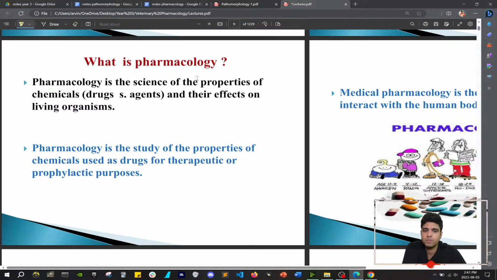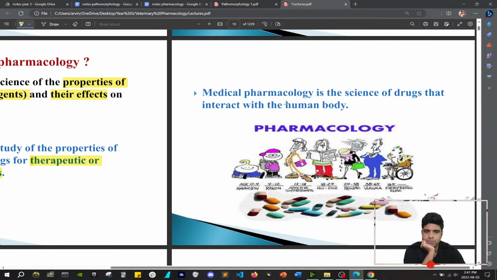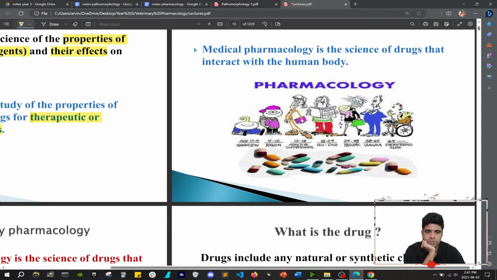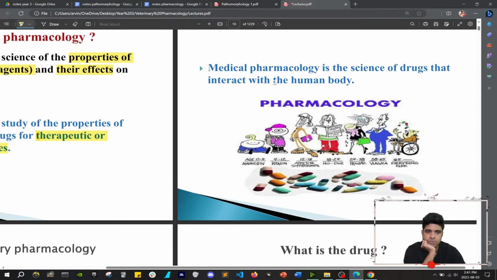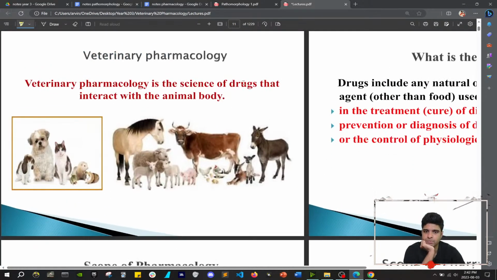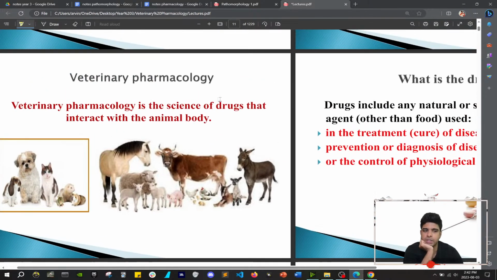Okay. Yeah, it's the science of the properties of chemical drugs. Sure. Drugs and their effects. Study of chemical properties used for therapeutic and prophylactic purposes. Okay, so there is a clear distinction: veterinary pharmacology and medical pharmacology.